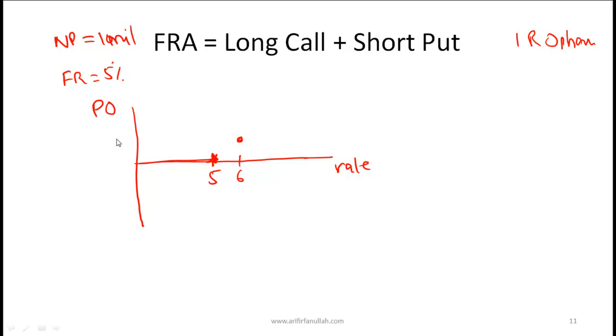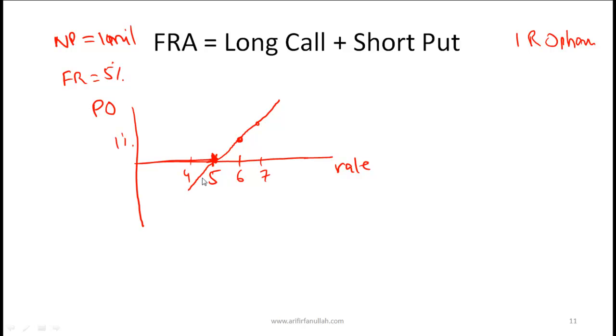So our benefit there is 1%. And in fact, the higher the market rate, the more the benefit to us. So if the market rate had been 7%, then our benefit is 2%, because we would still borrow the money at 5%. But what if the market rate of interest is less than 5%? So what if it is 4%? Then we actually lose.